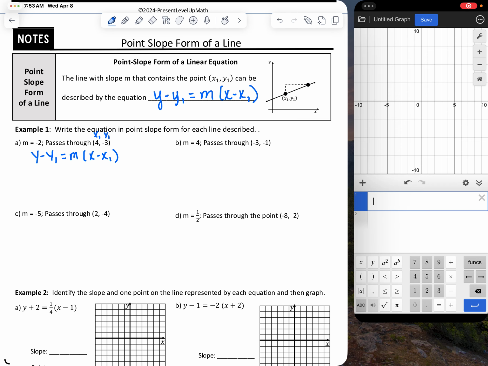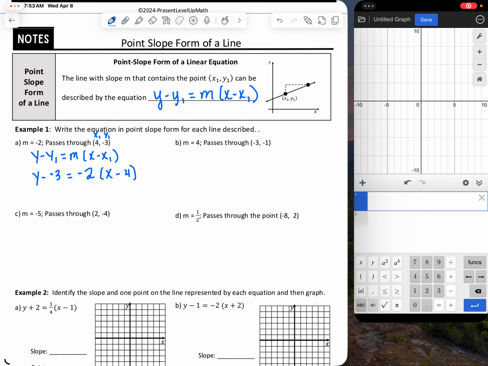So let's start by simplifying this to y minus, now we want to plug in y sub 1, which is negative 3, equals m, which is negative 2, times the quantity x minus x sub 1, which is 4. Now, before you box in your answer, you want to simplify any double operation symbols.